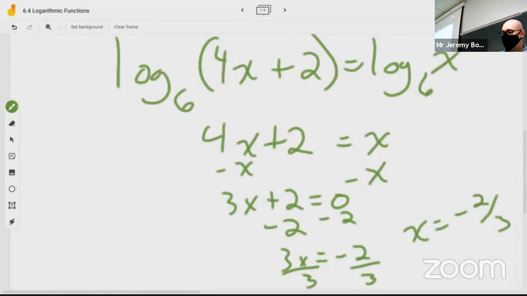But if I plug that negative 2/3 in here, it's going to be log base 6 of negative 2/3, which is going to be undefined. So this is not a valid solution. So if my only solution is not valid, it's going to be no solution.